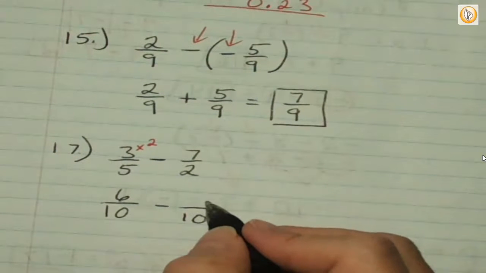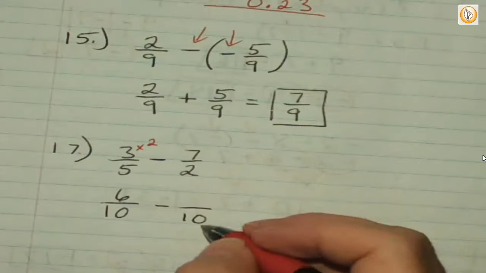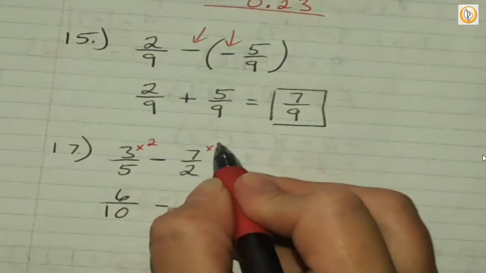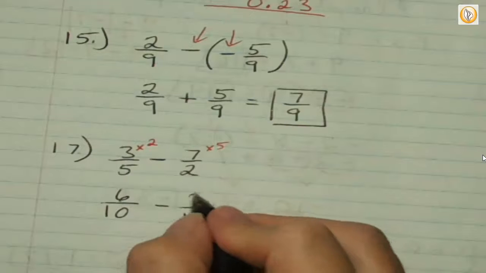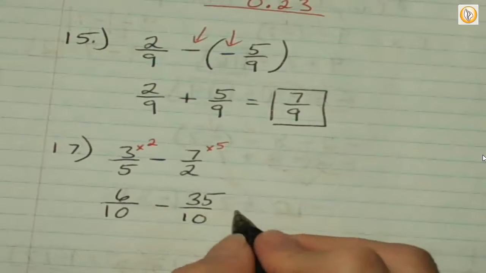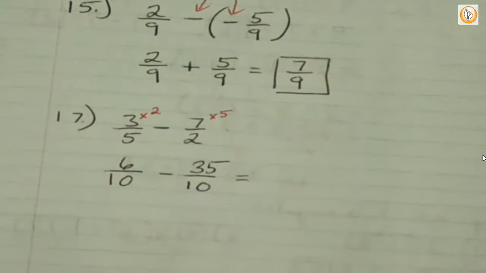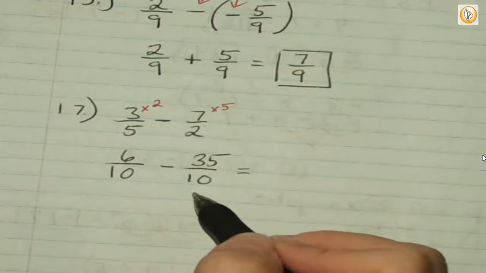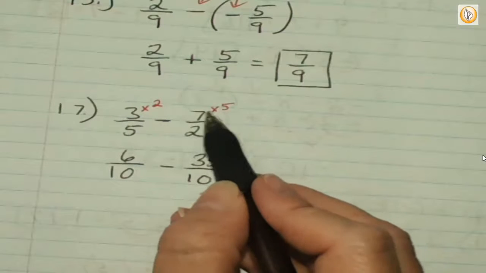What's my new numerator over here? 14. How many times does 2 go into 10? 5 times. 5 times 7? 35. Write all this down. Remember, we look at how many times the denominator goes into the new denominator, and then we multiply that by the numerator.